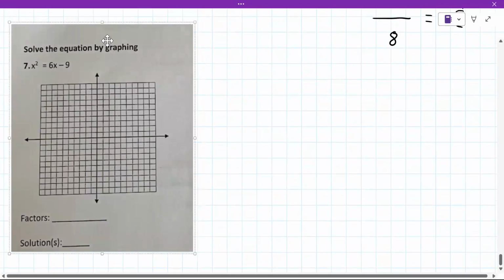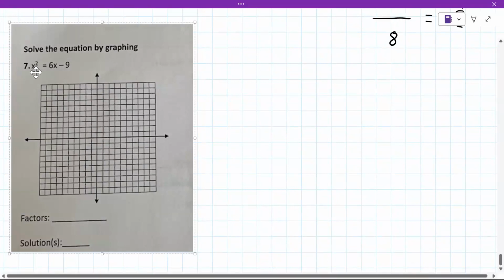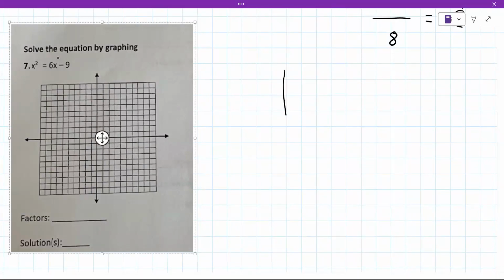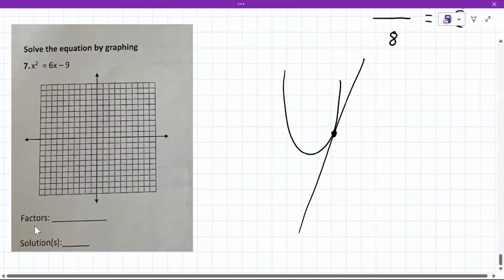This is not a well-written question. One approach here is to graph x squared and then to graph 6x minus 9. But one's a quadratic, one's a line, so they end up hitting. I don't think that's what the instructor wants because it says factors down here.